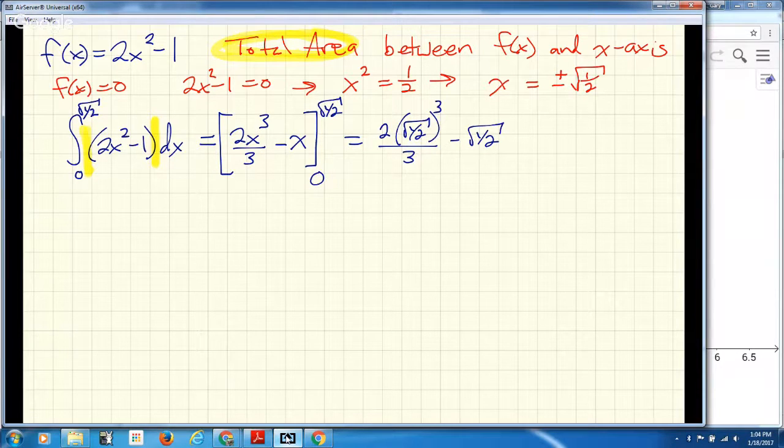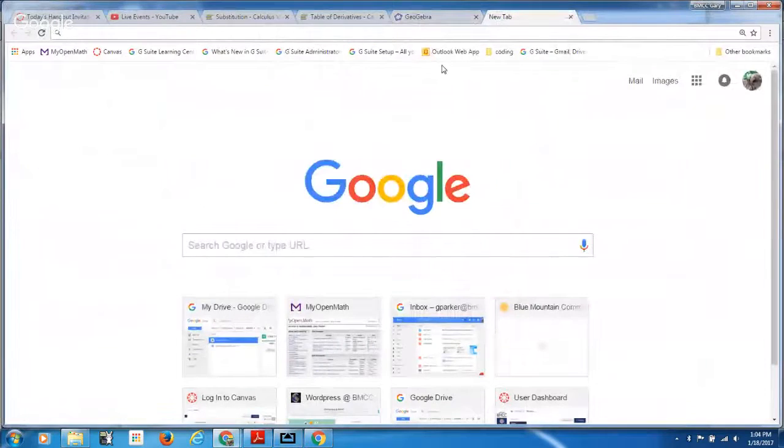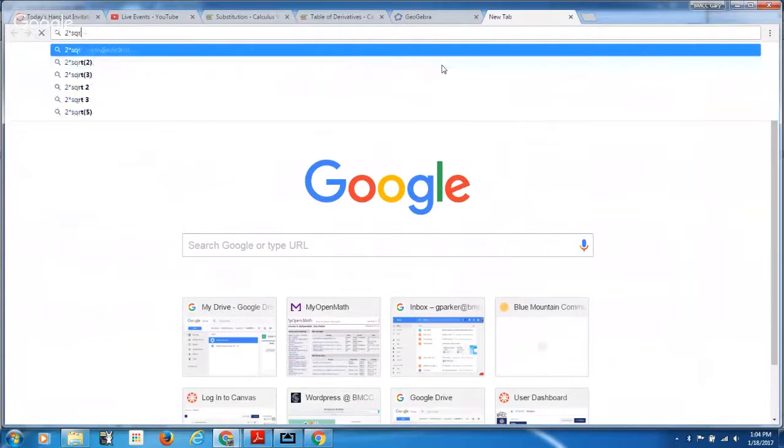And so I'm going to ask a calculator to help me with that. Although it could be cleaned up a little algebraically, it's not going to do me any good. All right, so we've got 2 times the square root of 1/2, and that needs to be raised to the 3rd power and then divided by 3. And then we want to take away from that the square root of 1/2, which I think is like 7-ish.